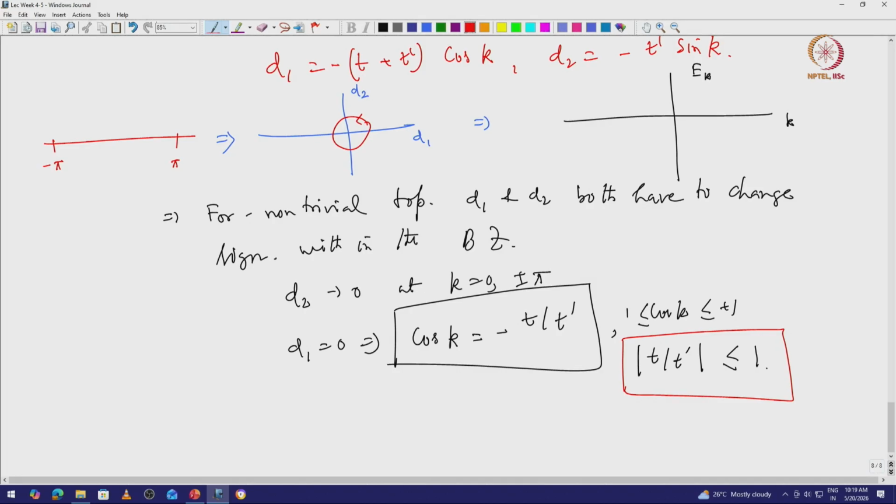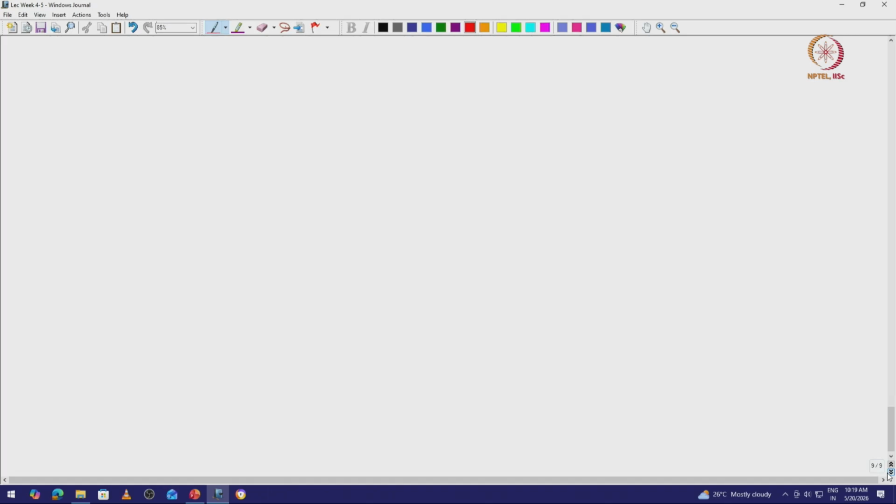Okay. So, now let us draw this phase diagram of t by t prime.